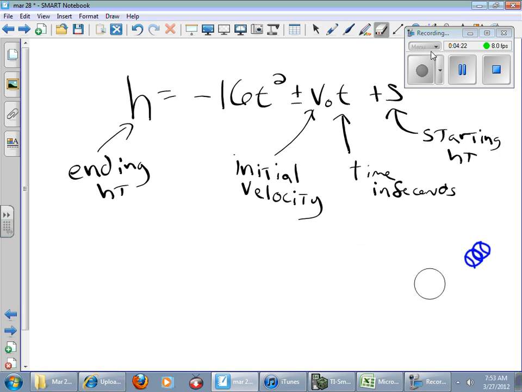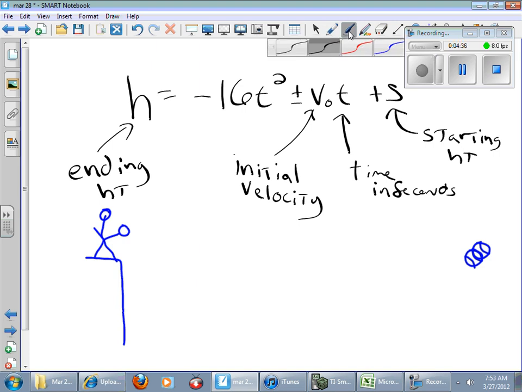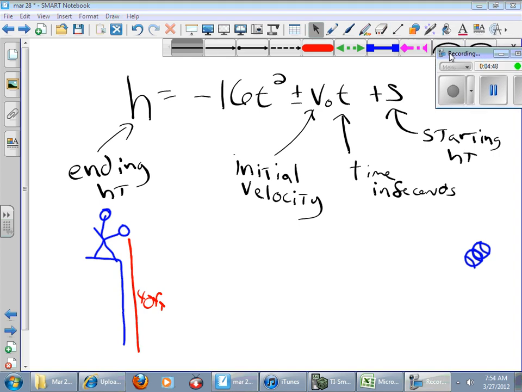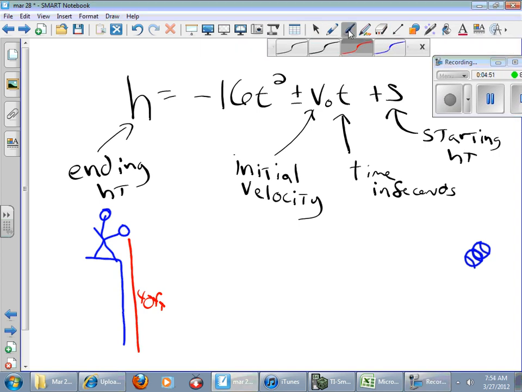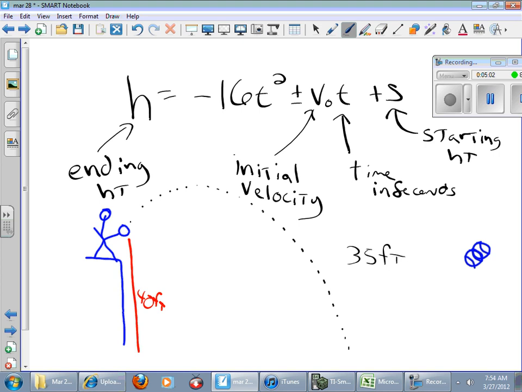So if we have a problem where, say, a kid is on top of a roof, and maybe that distance is 40 feet, and he throws a ball with an initial velocity of, say, 35 feet per second.